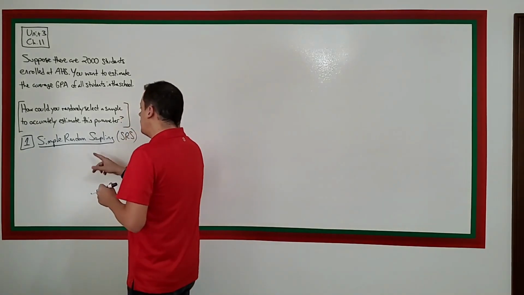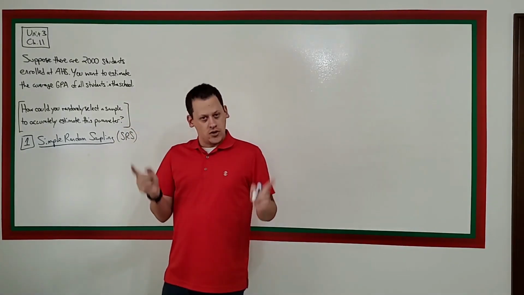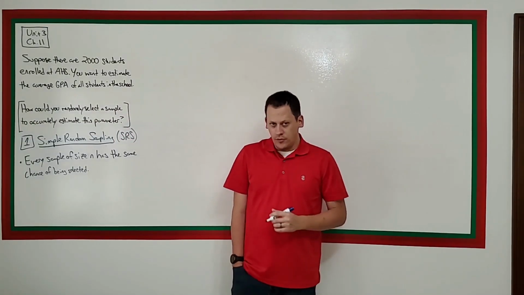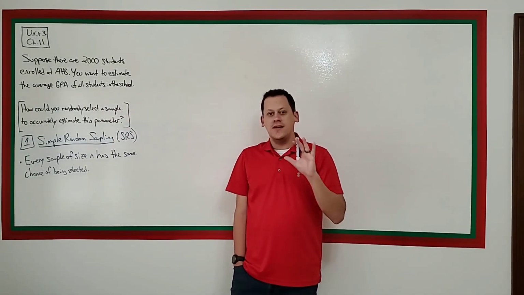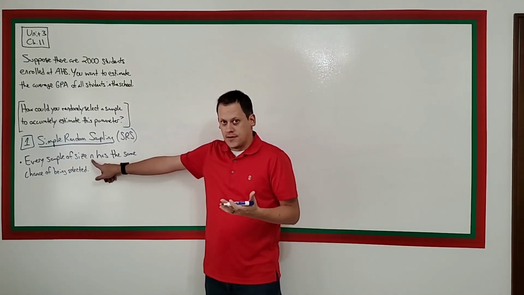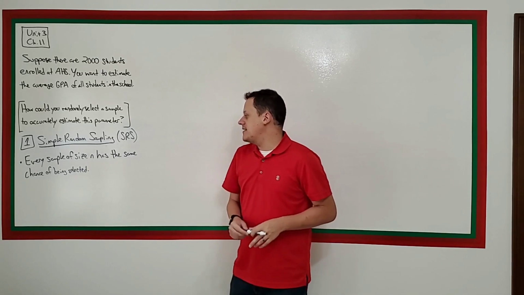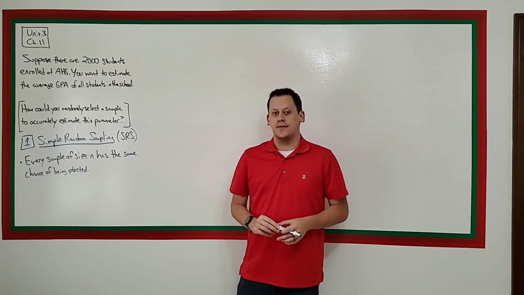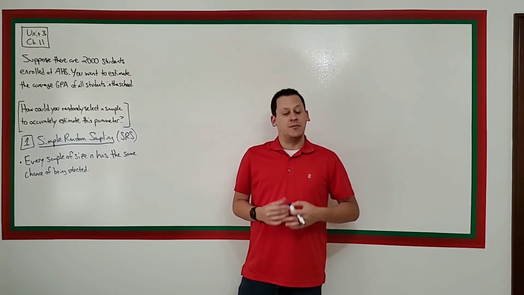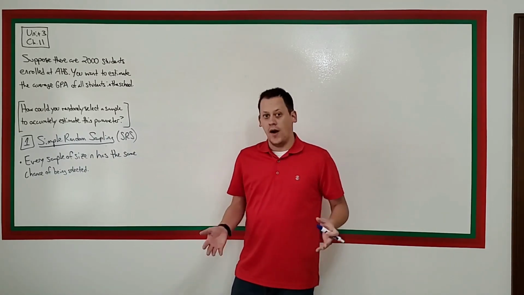So, in a simple random sample, it's important to know this is a characteristic of an SRS. In a simple random sample, every sample of a given size, no matter what n is, every sample of that size has the same chance of being selected. And you may think that's obvious if we're sampling at random that that's the case no matter what.